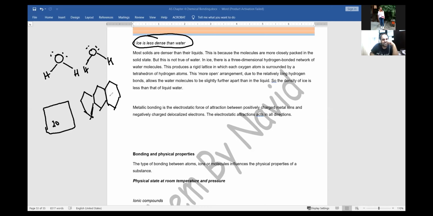So hexagonal যখন হয়ে যায়, hexagonals have more space in between. দেখো, this space is free, this space is free, this space is free. So what is happening? Who is more regularly arranged, water or ice? Ice. No, water is, sorry, more compactly arranged.